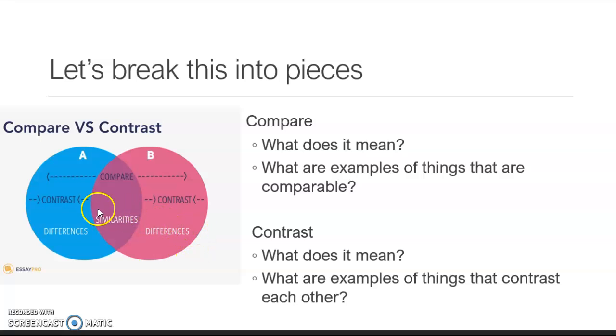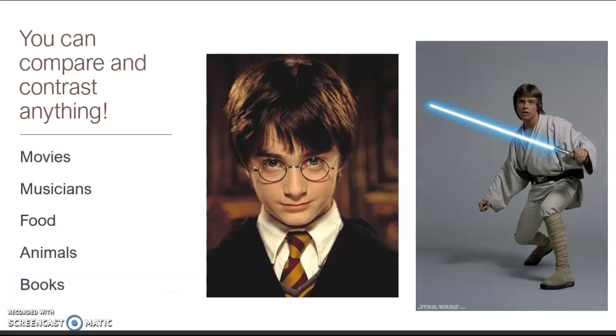So you have similarities in the middle and differences on the ends. So contrast means differences. What are examples of things that contrast with each other? Again, a boot and a shoe. They're both used for two different things, right? So let's move on. So you can really compare and contrast anything. We have Harry Potter and we have Luke Skywalker.